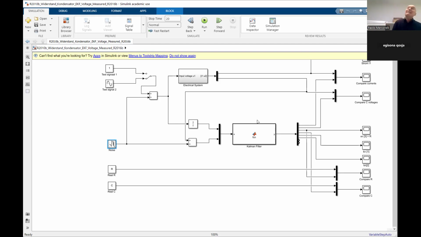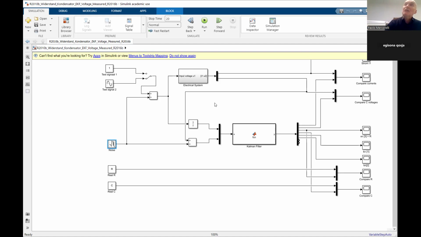But this Kalman filter based on the voltage also worked quite well, no? Because we can build a mathematical model directly between the current and the temperature.